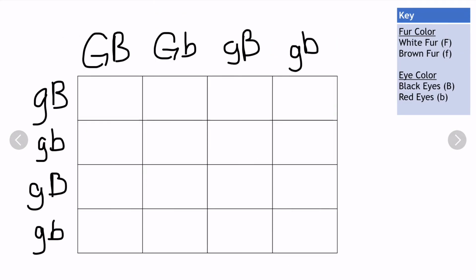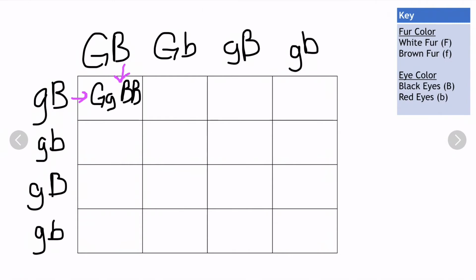Now, I have my Punnett square set up, so now I just plug and chug. And remember, you take your alleles from the top and your alleles from the side. So this box would be big G from the top, big B from the top, little g from the side, big B from the side, okay?